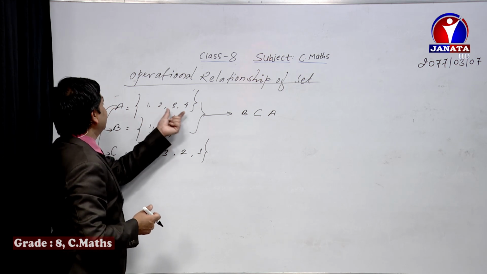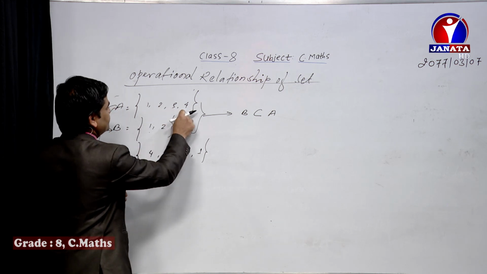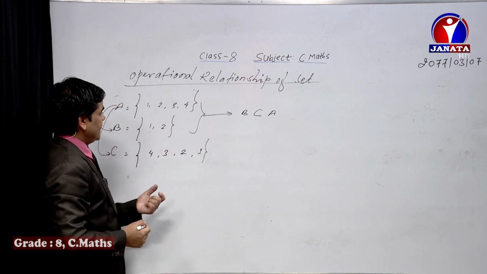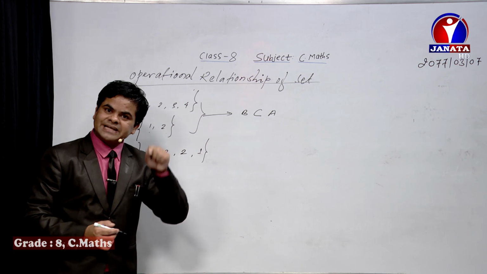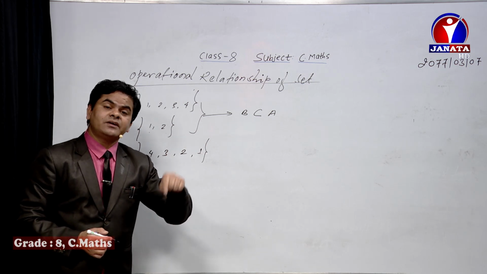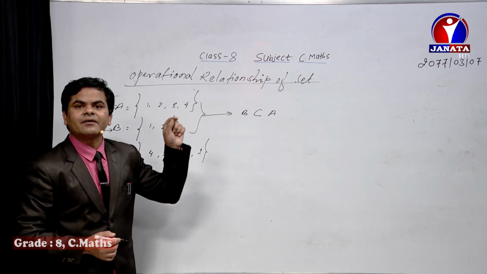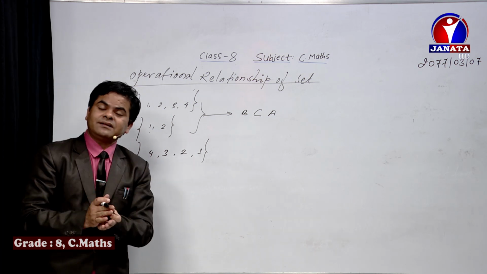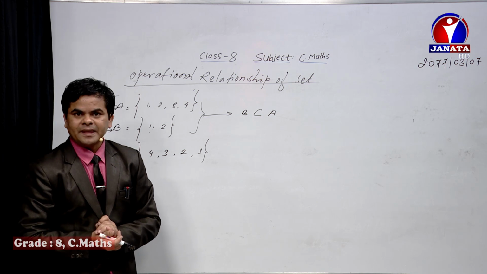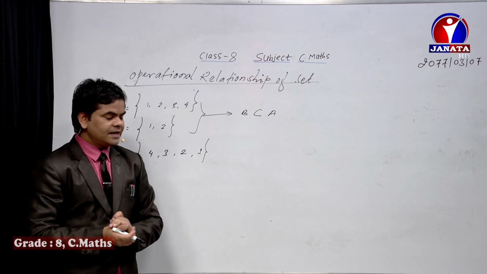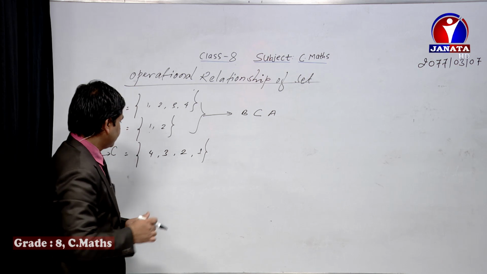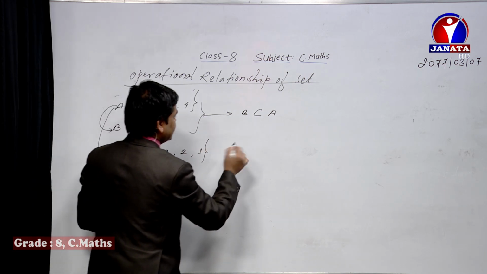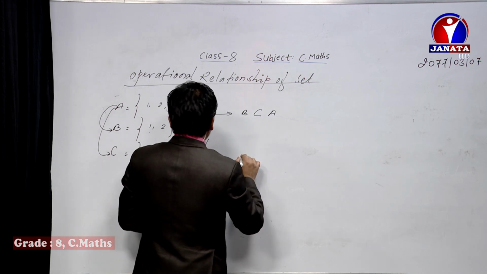If you count the elements 1, 2, 3, 4, here also 1, 2, 3, 4, there are 4 elements. If the elements are the same, and cardinally also, while counting, they are equal, at that time they have a relation. That relation is known as improper subset relation.